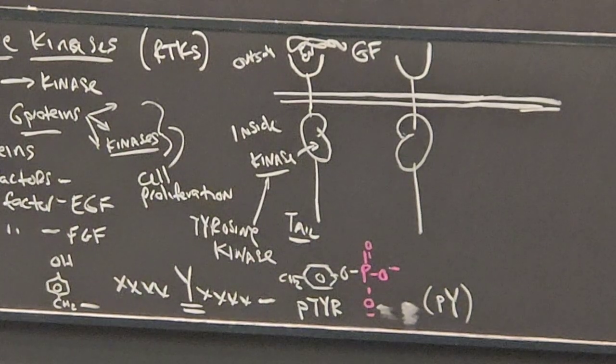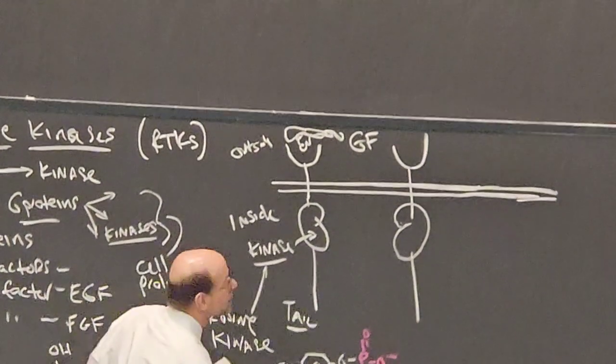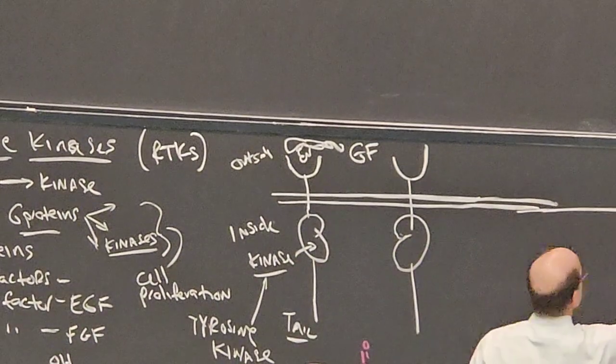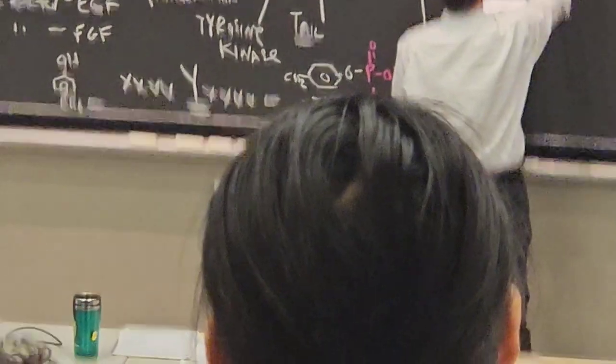That's what's unique about these receptors. What happens is the following. When the ligand binds to the receptor, this is all in your handout, now I have two receptors that are dimerized with each other.